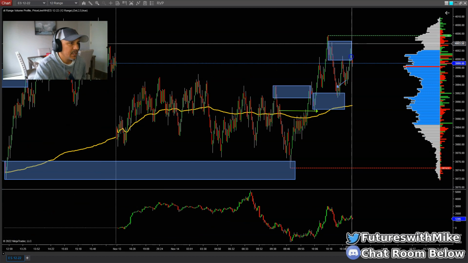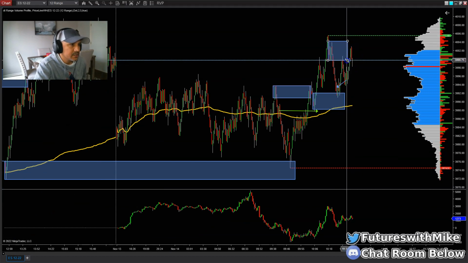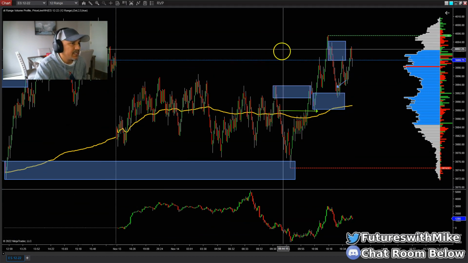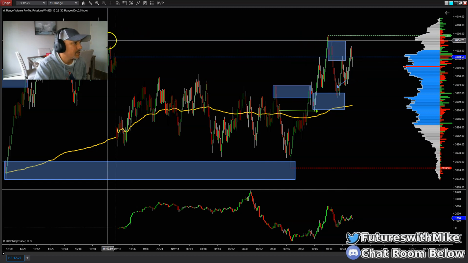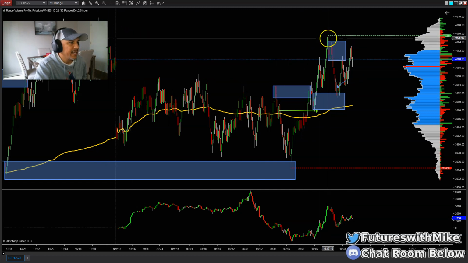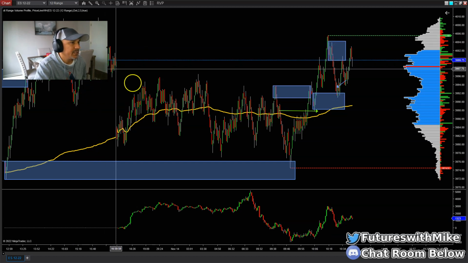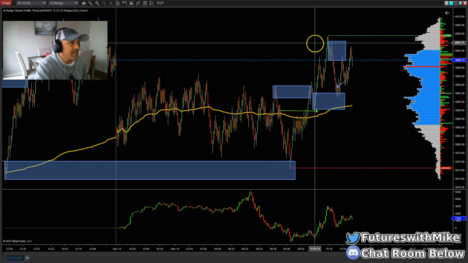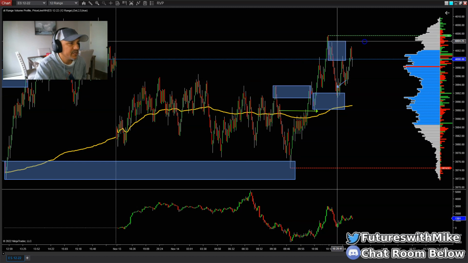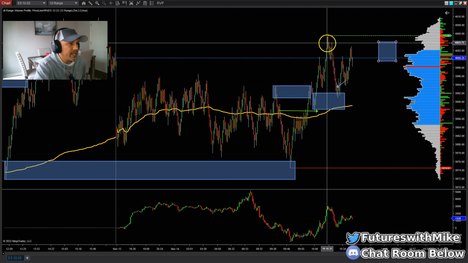So this was supply. Let me fix this box. There was supply sitting here. Price rejected this area right here. There was supply right here, and I should have taken that entry short. Let me take a look. Yeah, I should have gone short right here at the close of this. I'm gonna move this box out of the way. I have this red candle right here.